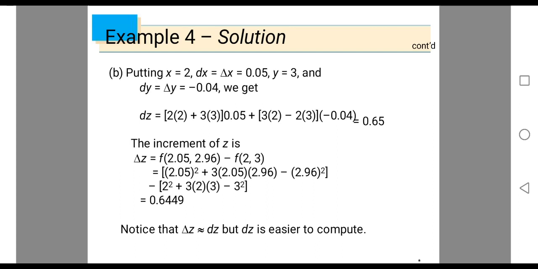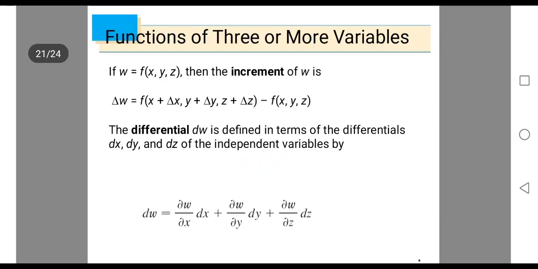Okay guys, now moving to the third one, that is functions of three or more variables. Sorry for my fumbles. Now if we have w is equal to f of x, y, z, we talked about f of x, we talked about f of x, y.